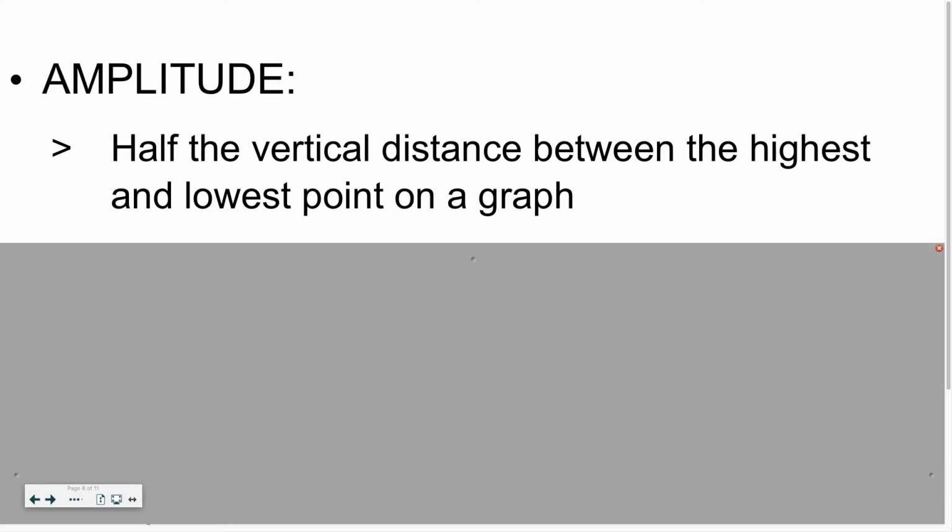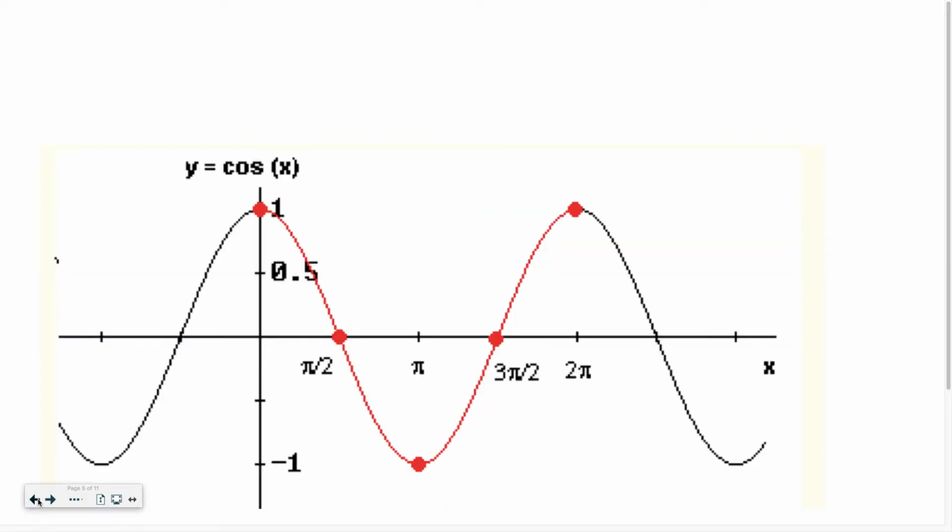I'll have you write that down and we'll go back to our curve so we can pick out what the amplitude would be of the ones we drew. Okay, so let's come over here. I'm going to start with the sine graph.